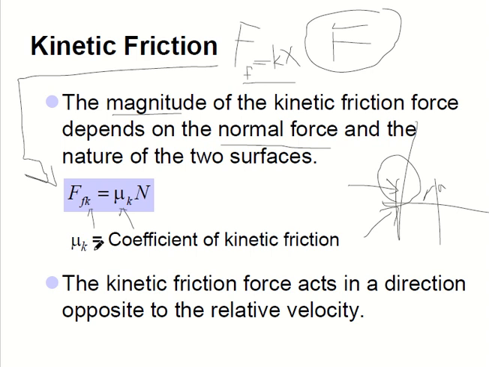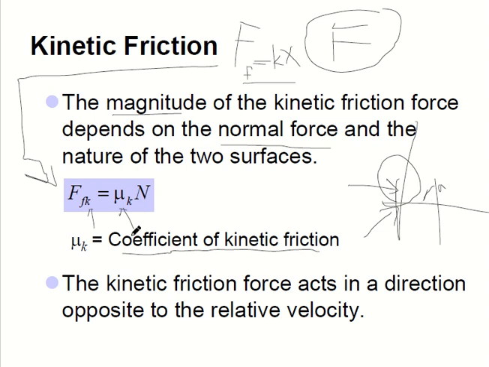The mu k we give a really good name: the coefficient of kinetic friction. It's just a constant. You need this extra number to balance the whole situation of the friction. Without that, you wouldn't have an accurate description of that force.